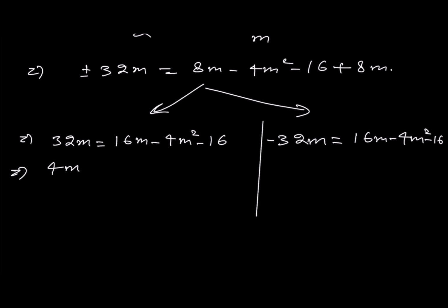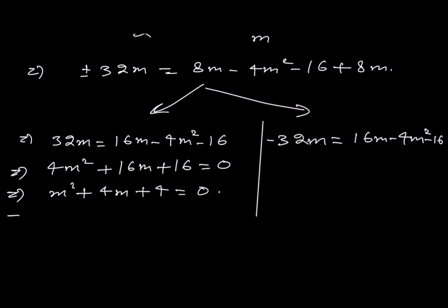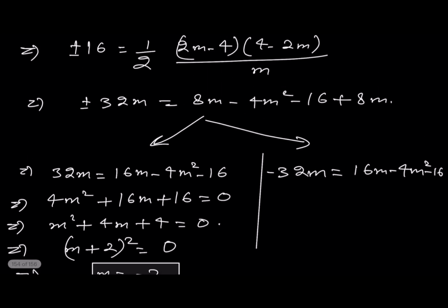So 4m² + 16m + 16 is equal to 0, or m² + 4m + 4 is equal to 0. From here (m + 2)² is equal to 0 will become m is equal to −2. And from this side 4m² − 48m + 16 is equal to 0.